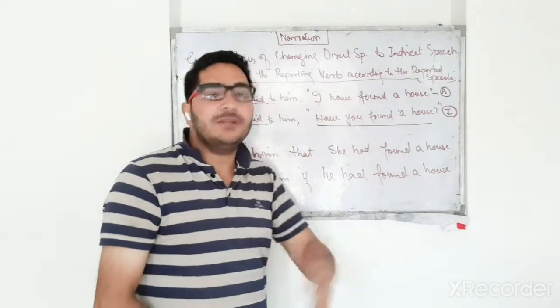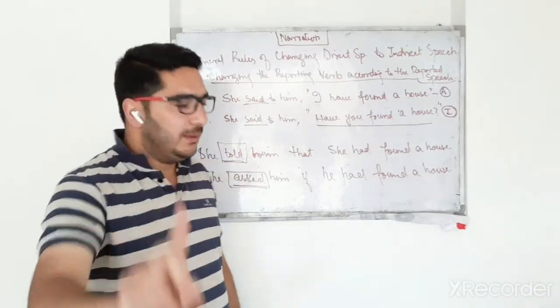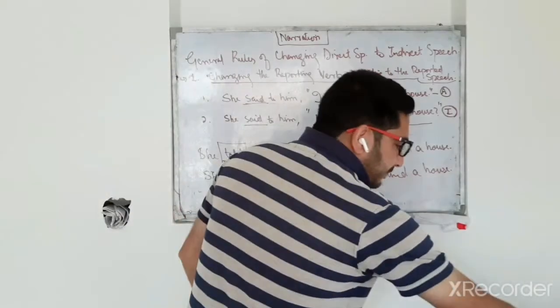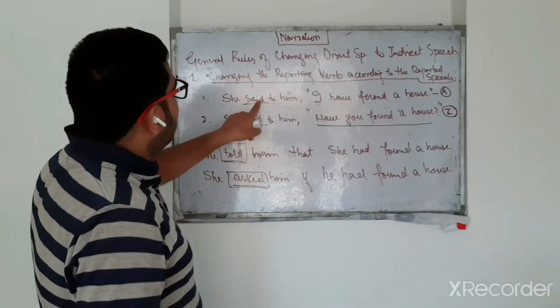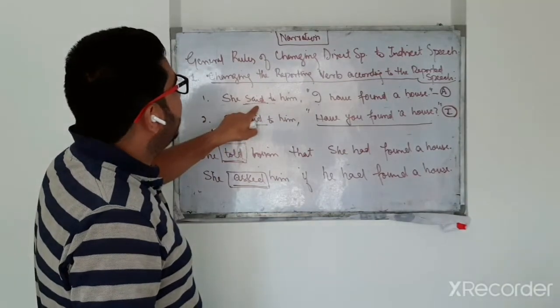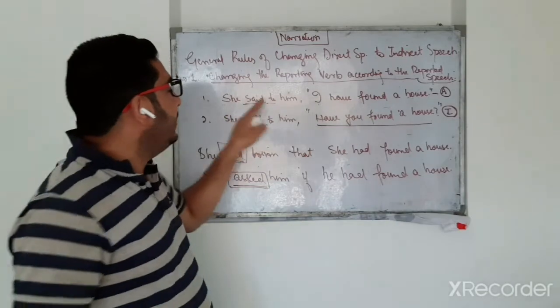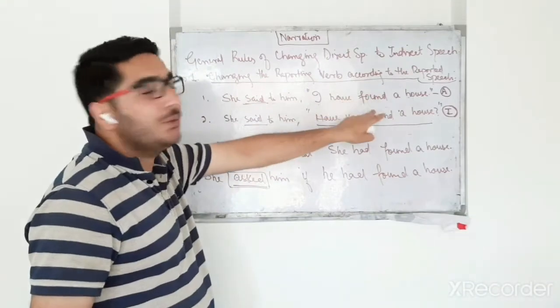If it is imperative, it will change differently. So this is rule number 1. And again, I am telling you that I told you earlier that this should be in past tense. Only then can we change certain rules regarding tenses in reported speech.